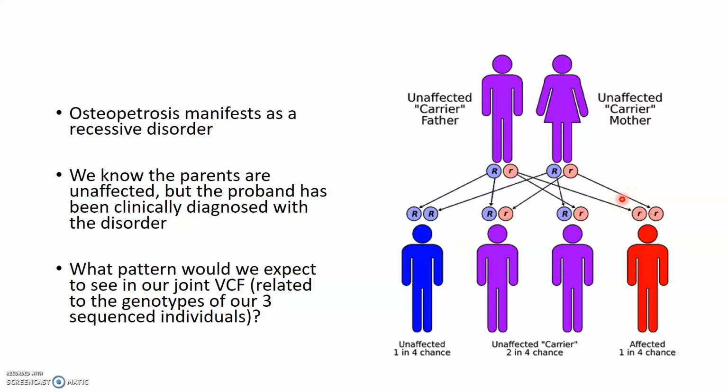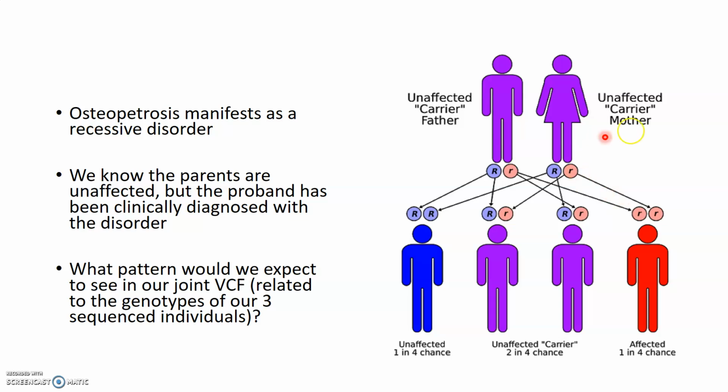In our case, with the particular BAM files that we happen to be looking at, we know the parents are unaffected in our little hypothetical scenario, but the proband has been clinically diagnosed with osteopetrosis. So we can take this information and identify the specific pattern that we expect from our disease-causing variant.